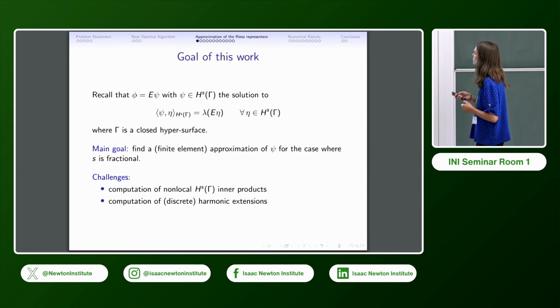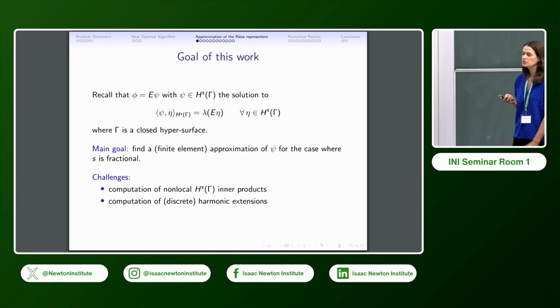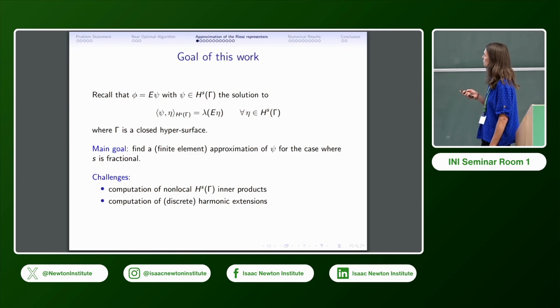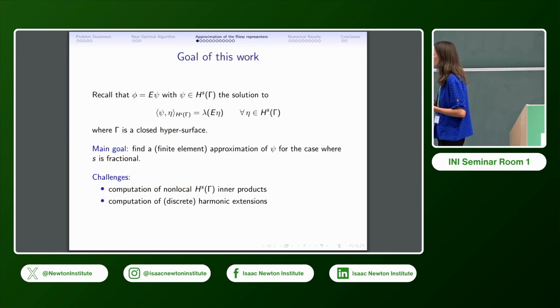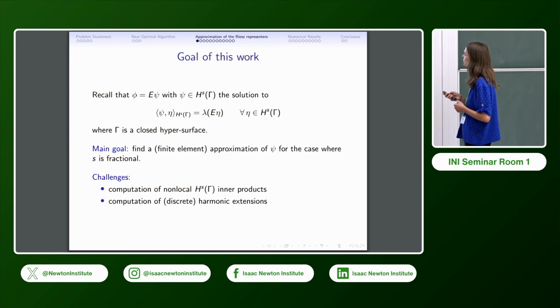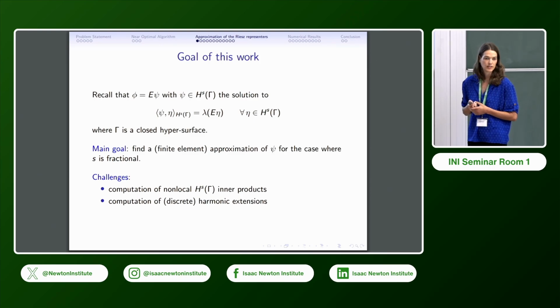So one thing that we could do is to take a finite element space. We take a conforming finite element space for HS, and we just discretize this problem. But then there's two things. One of them is that we will have to compute HS inner products. That's one issue.